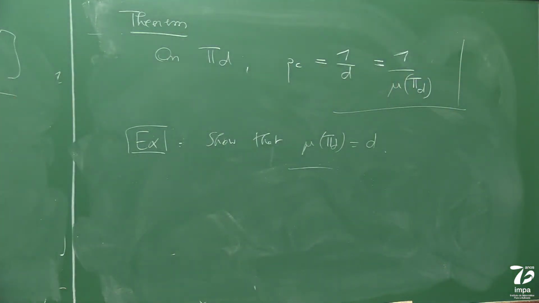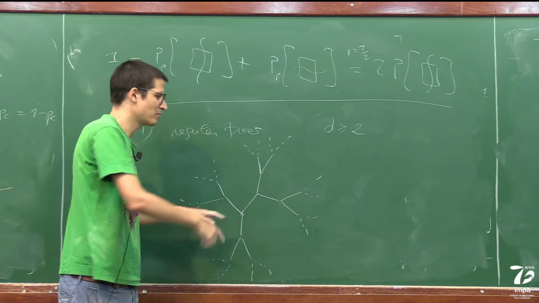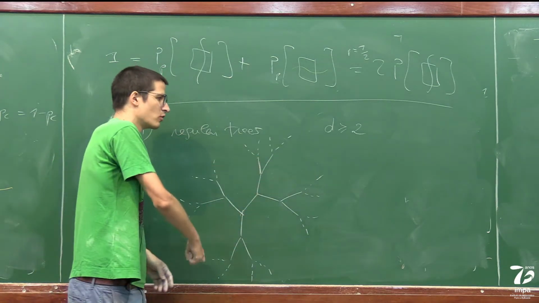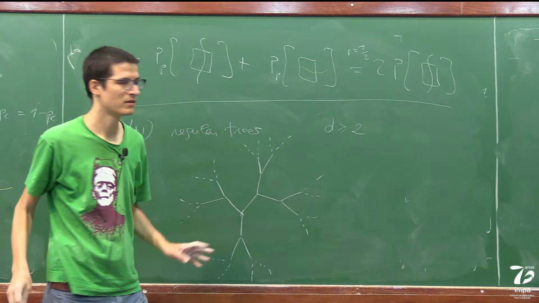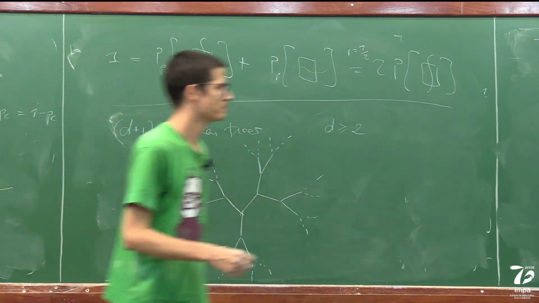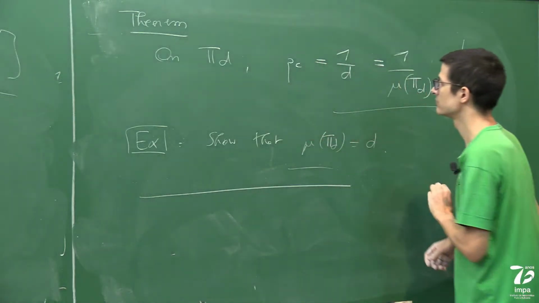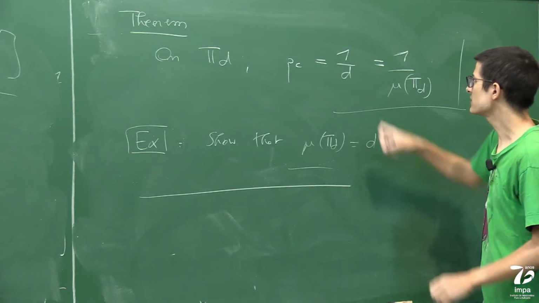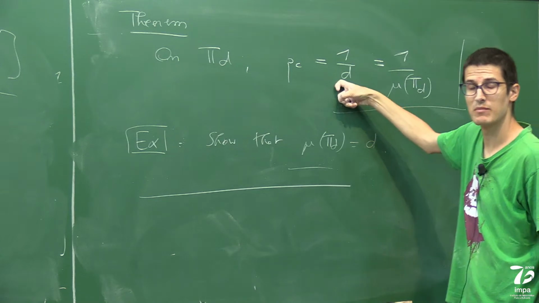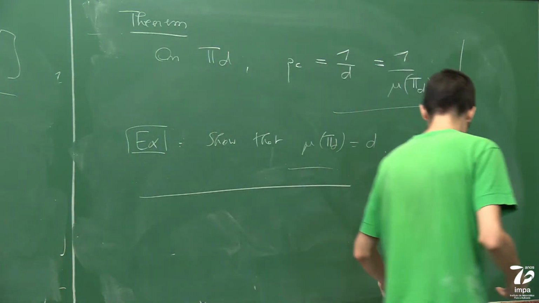As soon as you're not allowed to meet other vertices, it only means that you're not allowed to backtrack, so you will just go towards the leaves of the tree that you will never see. I will try to prove this now, and maybe next time I will give you the expression for theta of p.